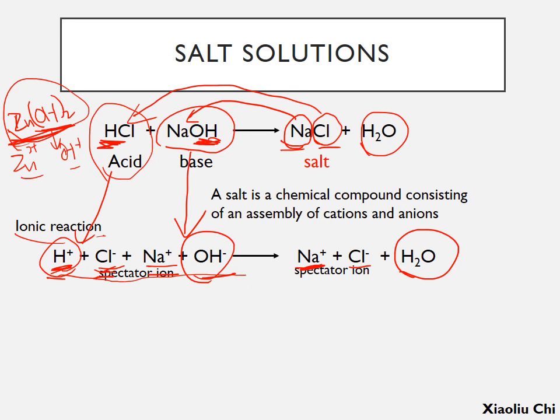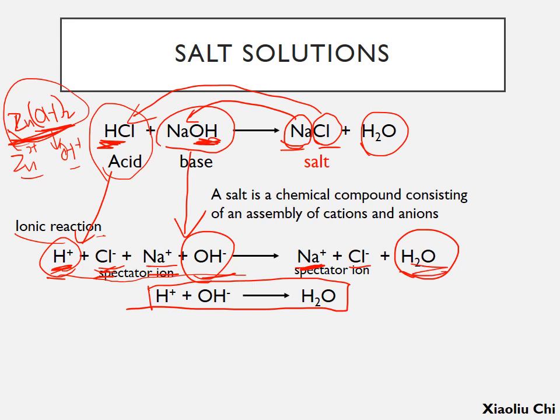So the net ionic reaction is hydrogen ion plus hydroxide ion forms water. This is the net ionic reaction. That's what happens when you combine strong acid and strong base. The chloride and sodium don't change. After you form water, the rest becomes a salt. These two combine, that's the salt, but it doesn't change before and after the reaction.